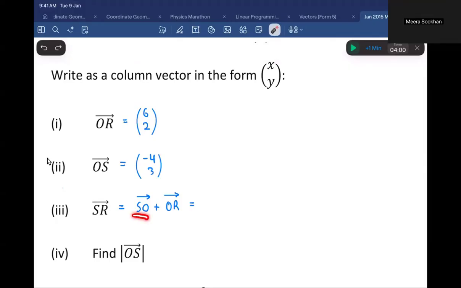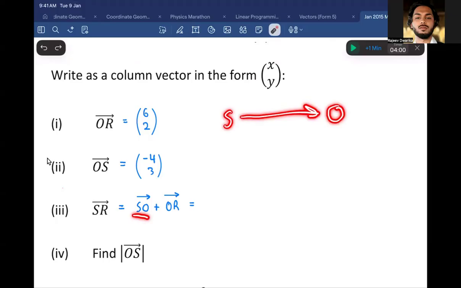If I'm going from S to O, what would be the opposite of that? The opposite will be O to S. Tell me if you understand.